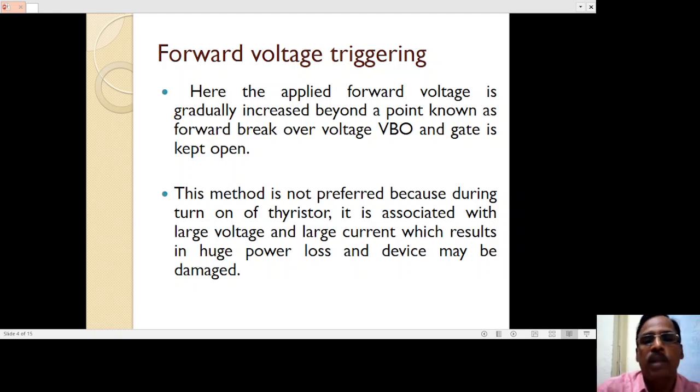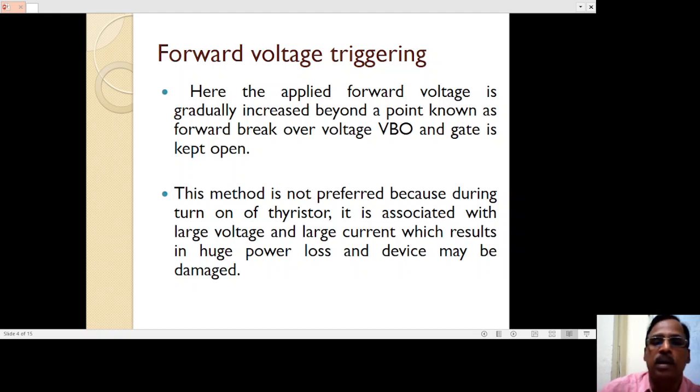But there are some demerits of this method. In this method, it is not preferred because during turn-on time of thyristor, it is associated with large voltage and large current, which results in huge power loss and the device may be damaged. So what is the voltage required for forward breakover voltage?